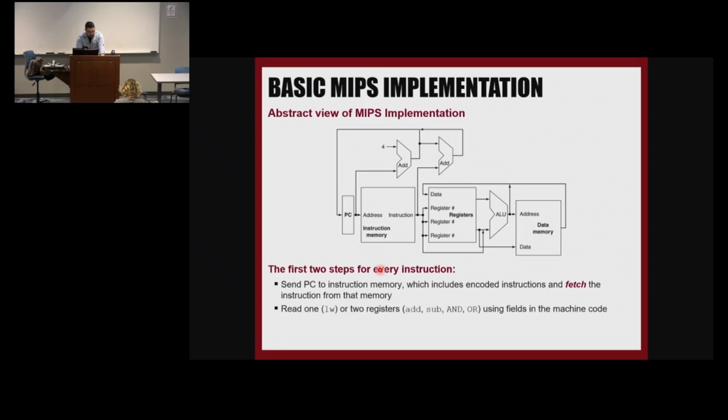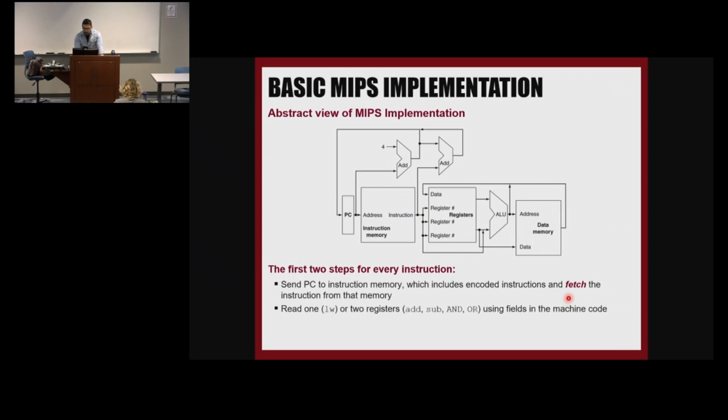The very first step for every instruction involves sending the program counter. So we know what the program counter is. The program counter is basically pointing to the address of the next instruction that we want to execute. So we read the PC register, and we send this as an address to the instruction memory, and then we read the instruction.